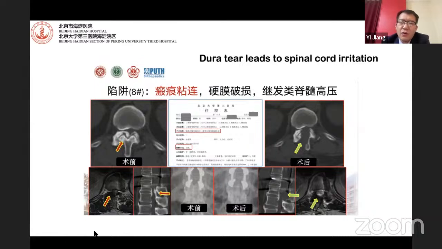The patient was under general anesthesia, and after the operation finished, the patient showed seizure symptoms. We call this hypertension symptom.